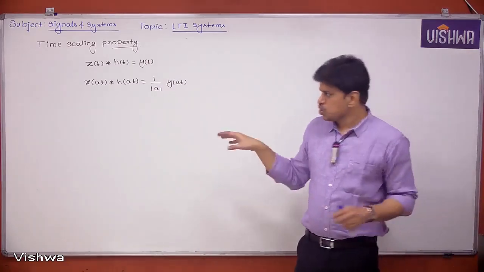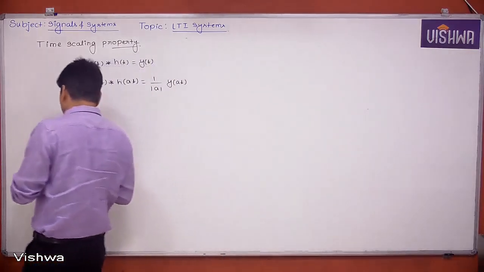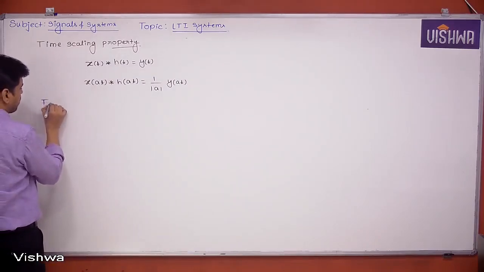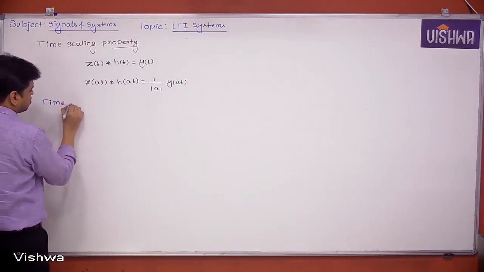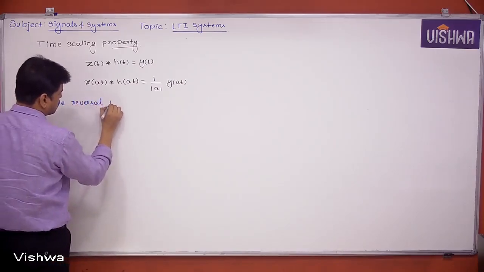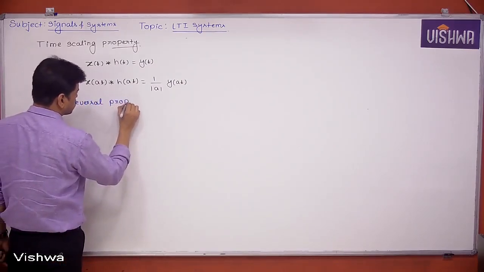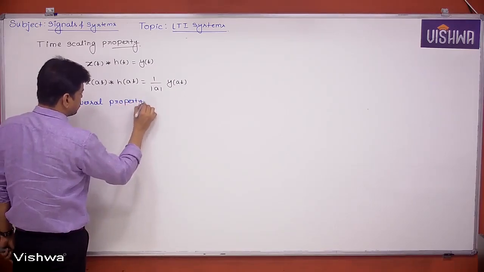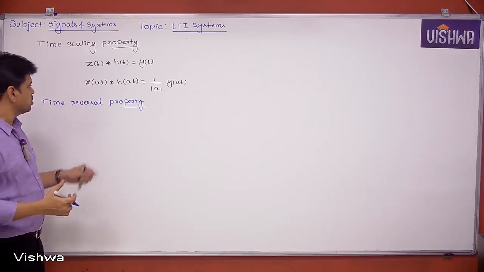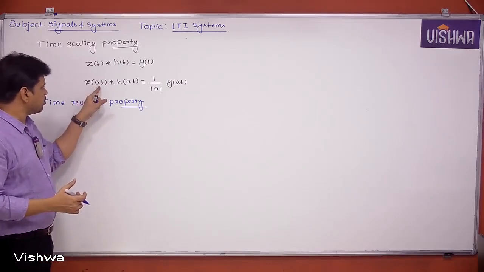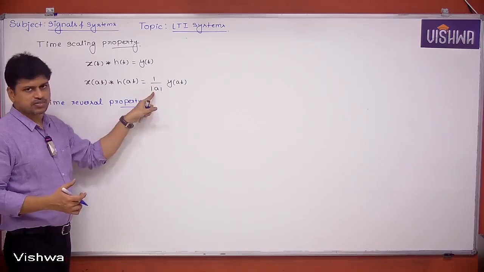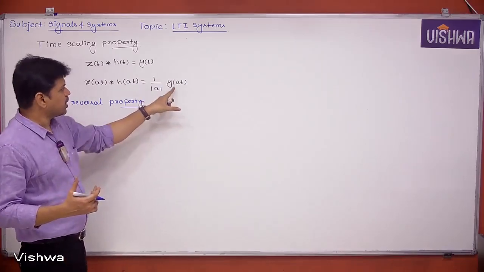Okay, so from this I can write one more property, which is the time reversal property. What is the time reversal property? You can understand easily. Suppose in place of a, I substitute minus 1: x of minus t, h of minus t, and 1 by mod minus 1 is equal to 1 only, y of minus t.